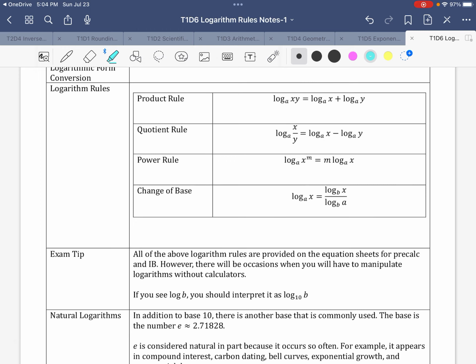There are 4 logarithm rules that we should be familiar with. They are on your equation sheets, for both pre-calc and for IB, so you should be familiar with them, but you don't have to memorize them.